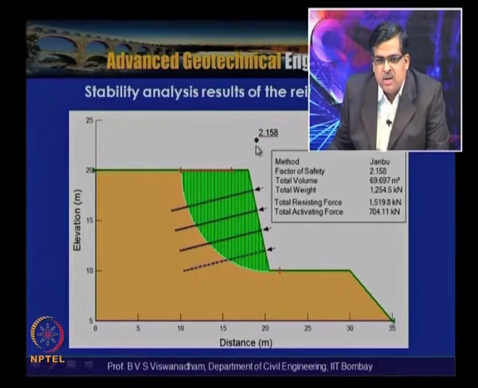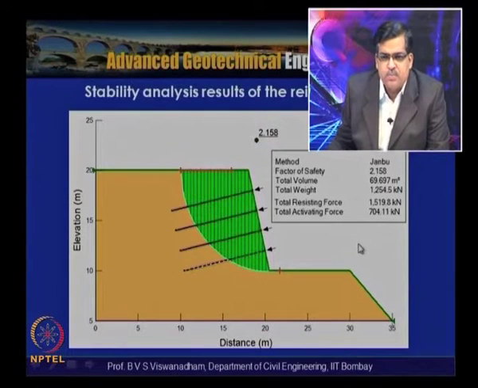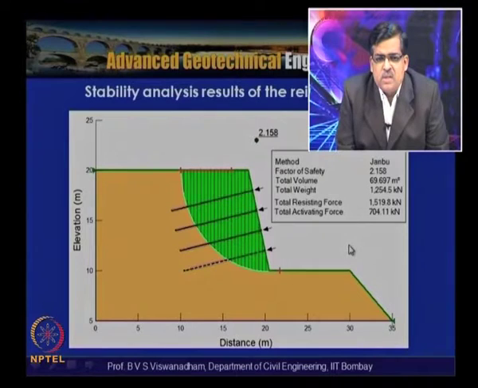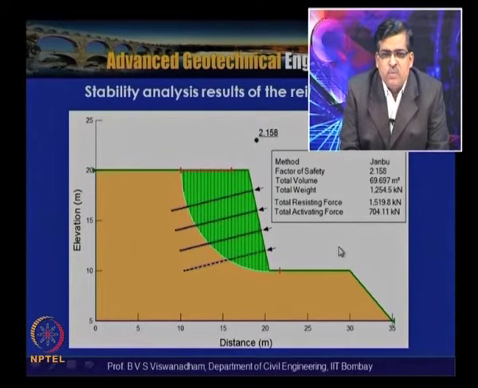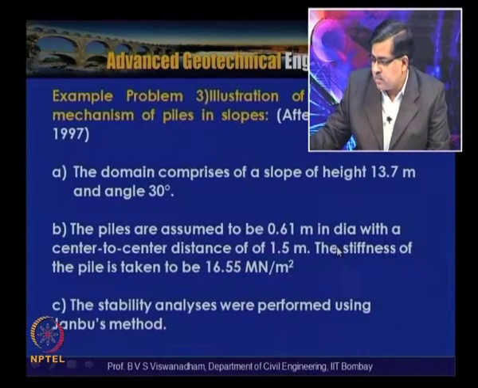The resulting factor of safety is about 2.158, where the total resisting force is about 1500 kilonewtons and the activating force is about 700 kilonewtons. So this is about the stability analysis of the slope reinforced with nails.